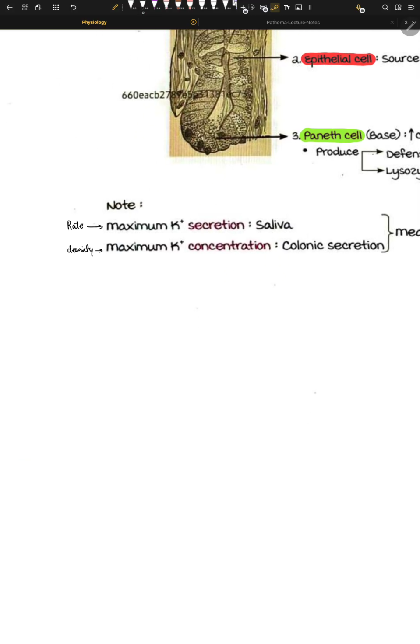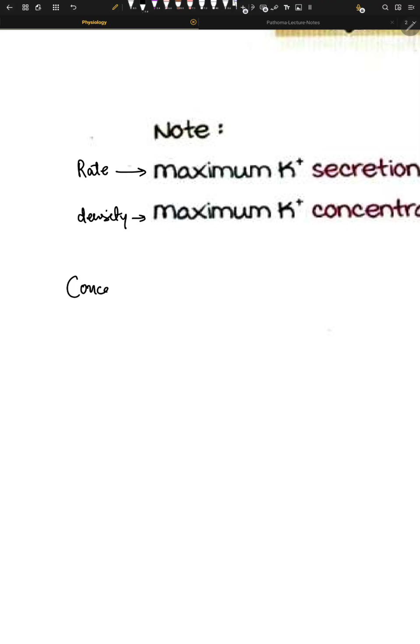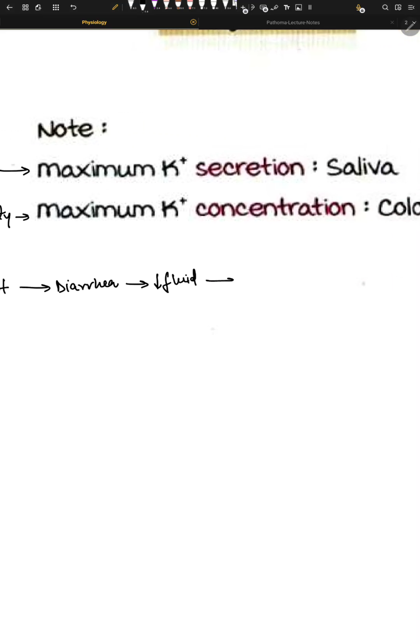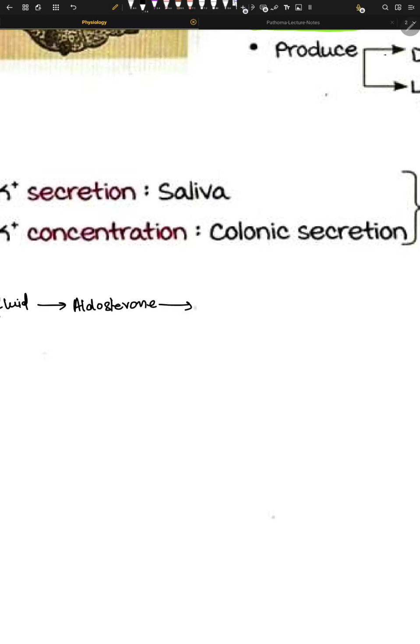So let me write this. This is a good concept. I don't know why I didn't write it. So the concept here is that in diarrhea, right, loss of fluid leads to aldosterone, and then this aldosterone goes and secretes potassium inside the lumen, right?